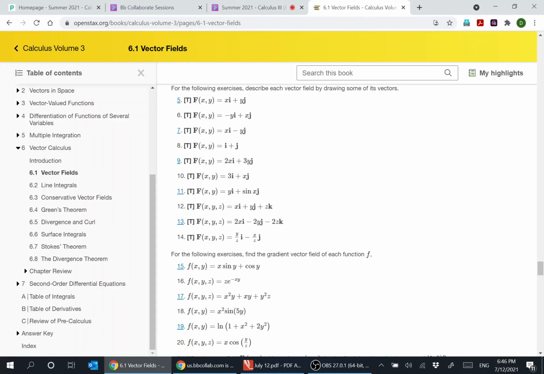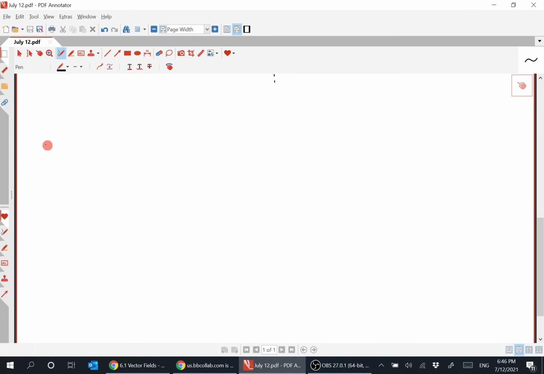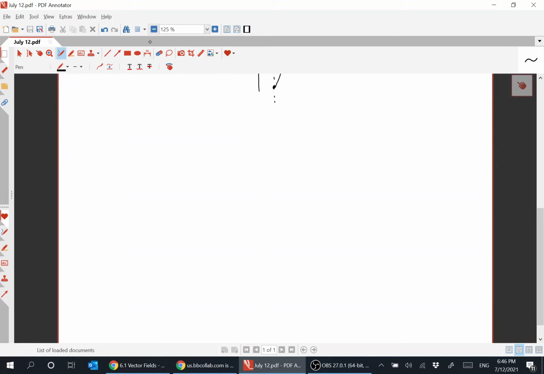So here we have a three-dimensional vector field. F(x, y, z) is <x, y, z>, or xi plus yj plus zk. So in number 12, what does this vector field look like?